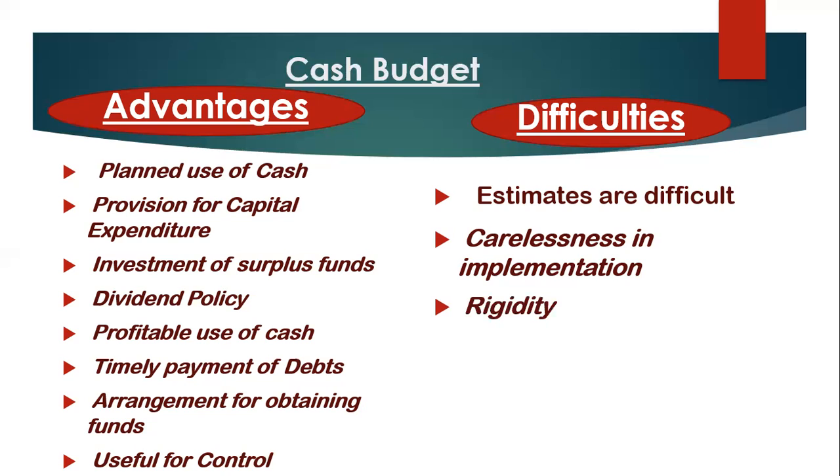Then the next difficulty is rigidity. Sometimes management is very rigid, saying you have to make expenses according to the cash budget only, but sometimes you may need to make expenses other than those in the cash budget, and if you do not, you will not get the benefit.